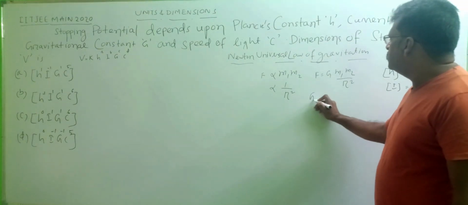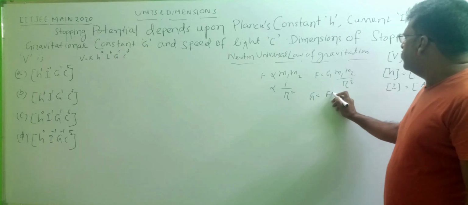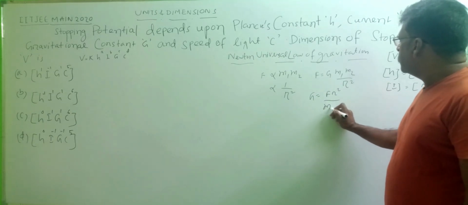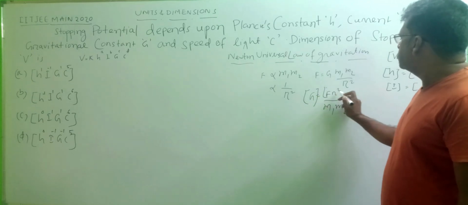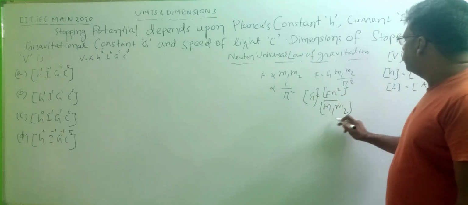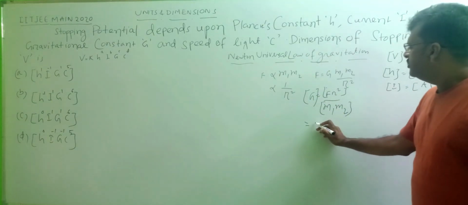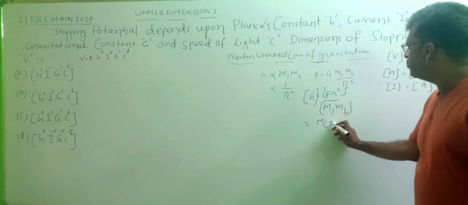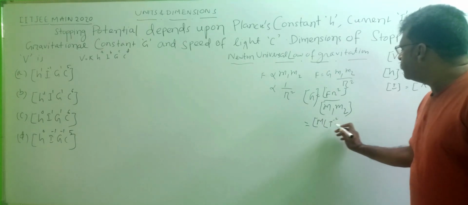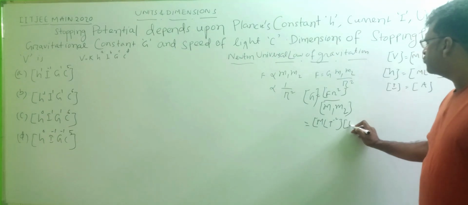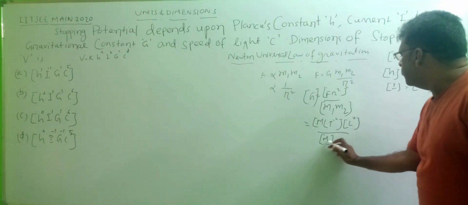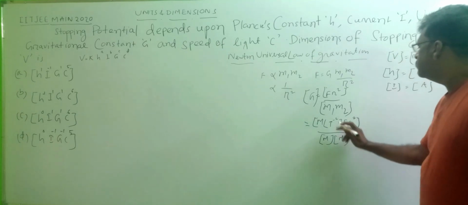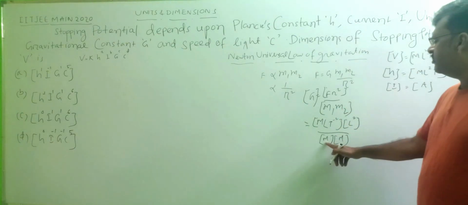So we may write G is equal to F r square by m1 m2, and so dimensions of G will be dimensions of F r square divided by dimensions of m1 and m2. What is the dimensional formula for force, students? MLT minus 2. That of r square is L square, and this is M, and this is also M, because both the bodies have mass.